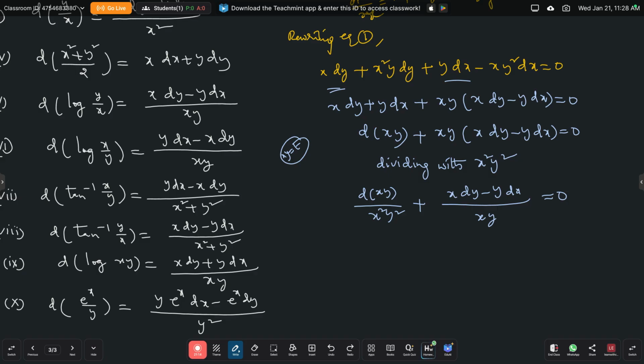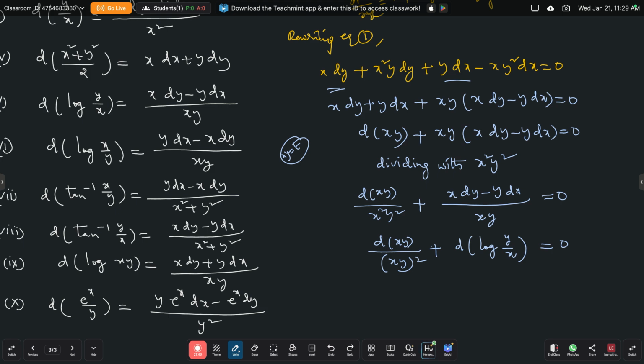Now what we observe here, I can write the first term as d of xy by xy whole square, which is something like, as I said, dt by t square. Next, x dy minus y dx by xy. We have the formula here as you see on the screen: d of log of y by x. So this is plus d of log of y by x equal to 0.